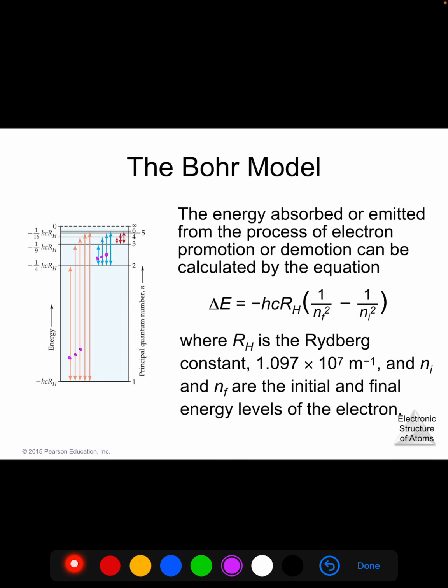I believe these are the 4 visible spectrum ones. So some in the UV, some in the infrared, and 4 in the visible. So you can get these different energy transitions. You can go to level 1 and fall back down, level 2 and fall all the way back down, level 3 and fall all the way back down, 4 and 5. You can see them getting closer.